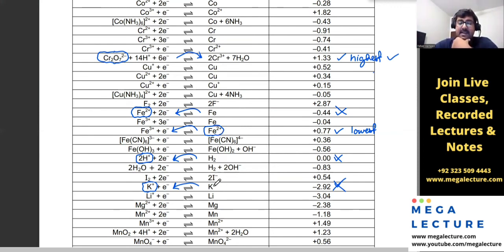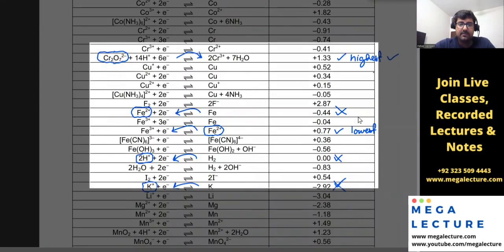Potassium was the lowest, I didn't have potassium. H2 was the lowest, it can lose electrons, but I didn't have H2. Fe was the lowest, minus 0.44, but I didn't have Fe. So all the others got rejected, and the lowest out of the remaining was this one. So the final end result is it's Cr2O7. That's one.